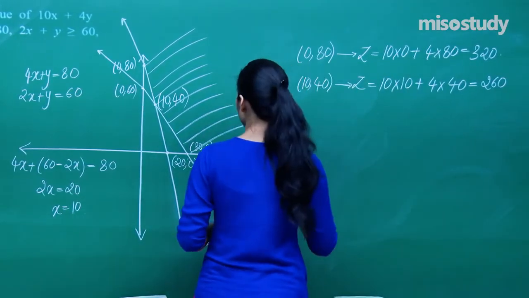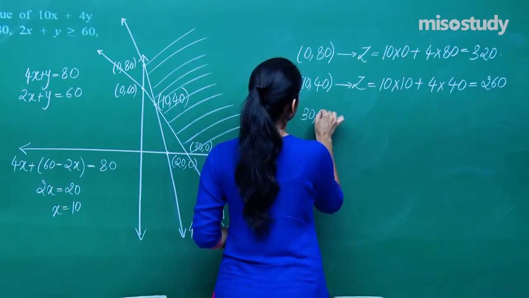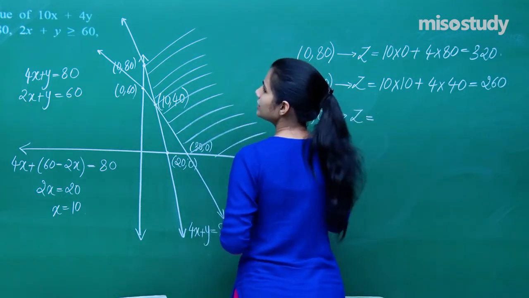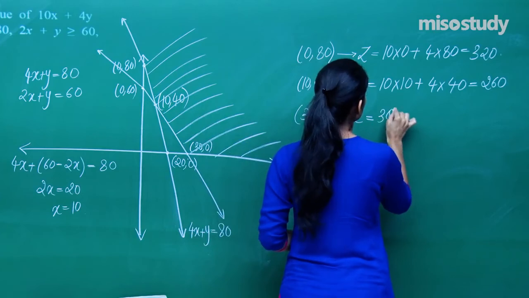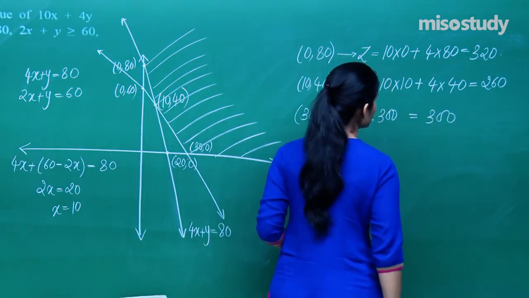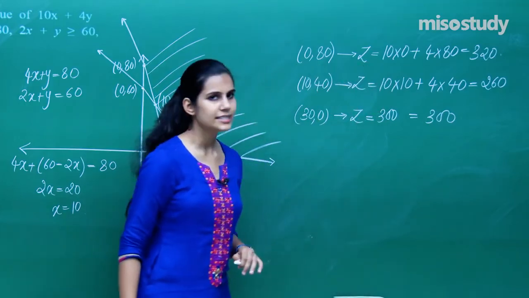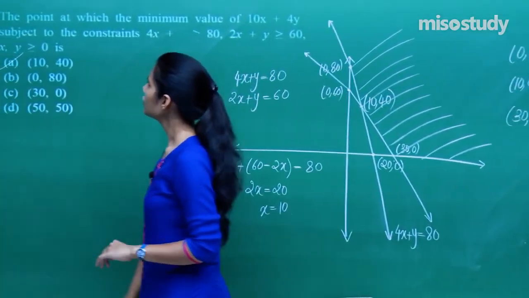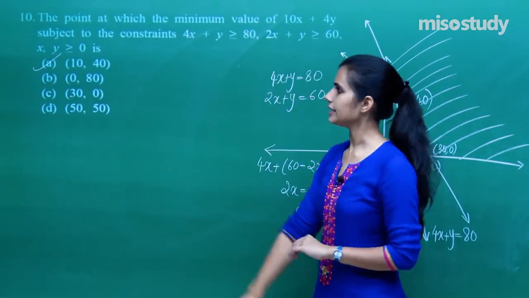At 30, 0, z is 30 into 10, which is 300, plus 4 into 0, so this is 300. The minimum that you are getting is 260 at the point 10, 40. So your answer is 10, 40, the point at which z attains its minimum.